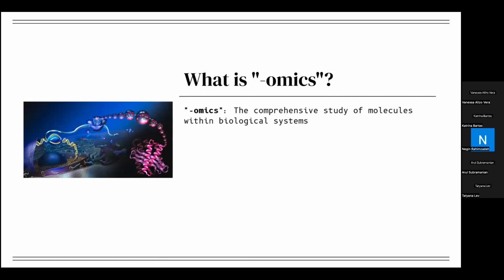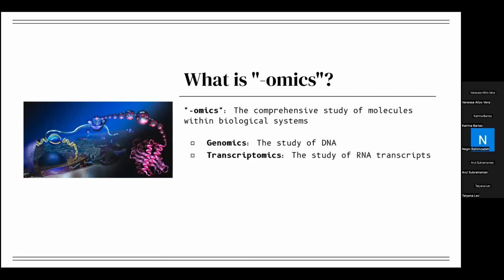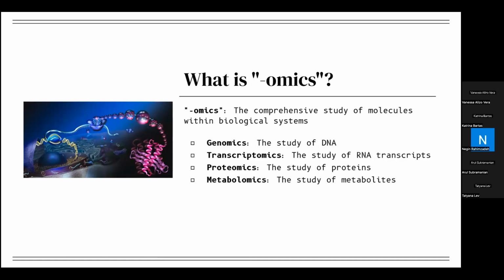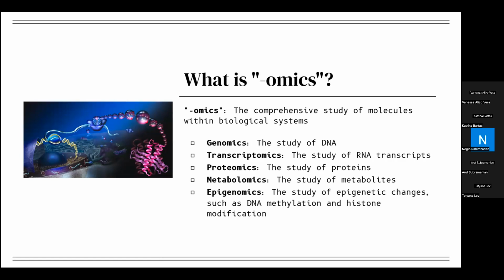So omics is the comprehensive study of molecules within biological systems. Genomics is the study of DNA or genes. Transcriptomics is the study of RNA transcripts. Proteomics is the study of proteins. Metabolomics is the study of all the metabolites. And epigenomics is the study of epigenetic changes, including DNA methylation and histone modification.